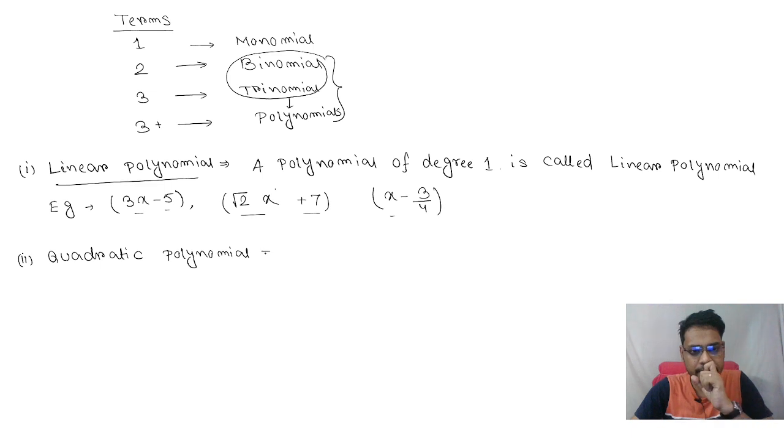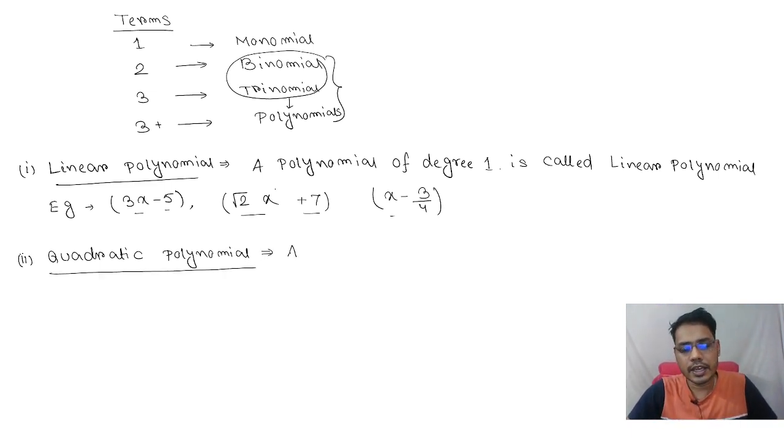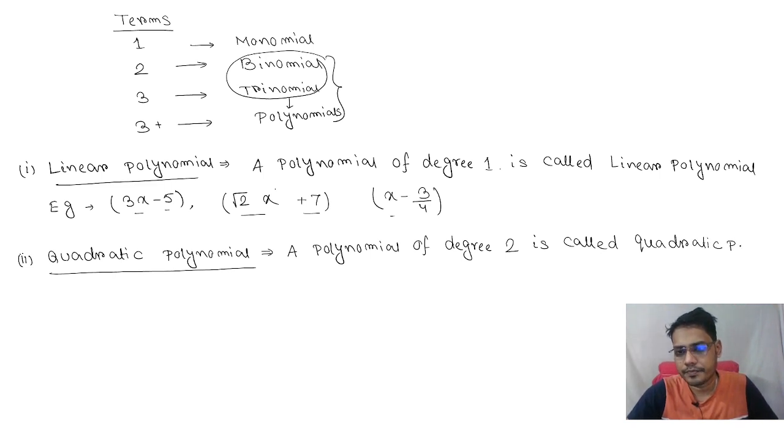Now in this quadratic polynomial, it will be a polynomial but its degree must be 2, so it is called quadratic.